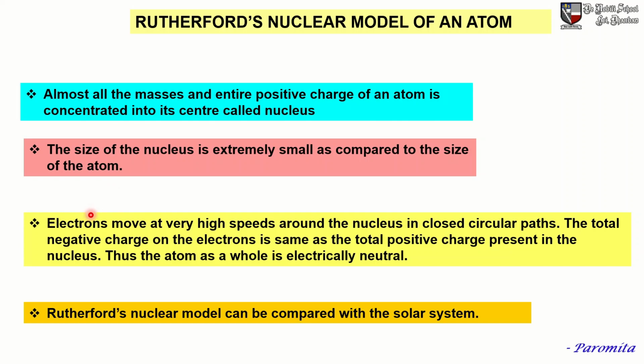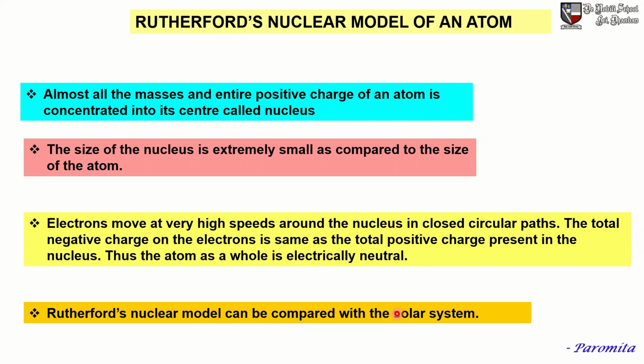Electrons move at a very high speed around the nucleus in closed circular paths. The total negative charge on the electrons is the same as that of the total positive charge present in the nucleus. Thus, the atom as a whole is electrically neutral. Rutherford's nuclear model can be compared with the solar system.